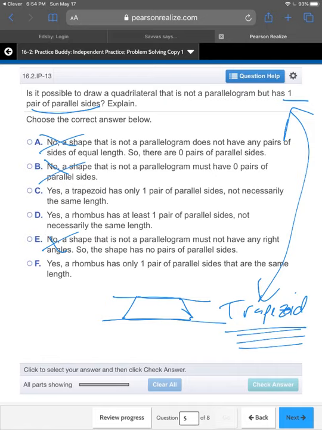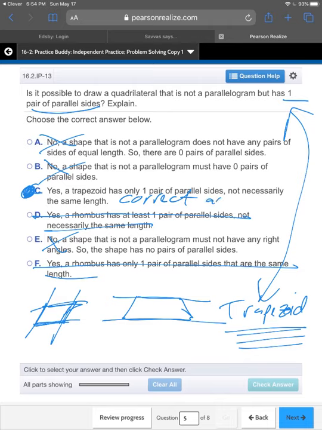A rhombus is a parallelogram. Remember, if you're not sure, draw the shape. There's my really bad drawing of a rhombus. And yes, rhombuses have two pairs, so that is not right. And the last one says, yes, a rhombus has only one pair. No, that's not true. A rhombus has two pairs. So in this sense, C is the correct answer.